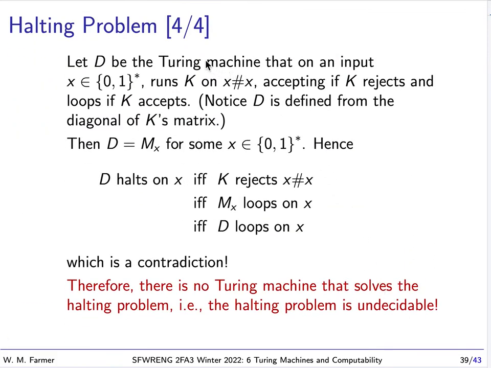Now let D be the Turing machine that on input X runs K on X#X, and it accepts if K rejects, and it loops if K accepts. This makes sense because K is a total Turing machine.